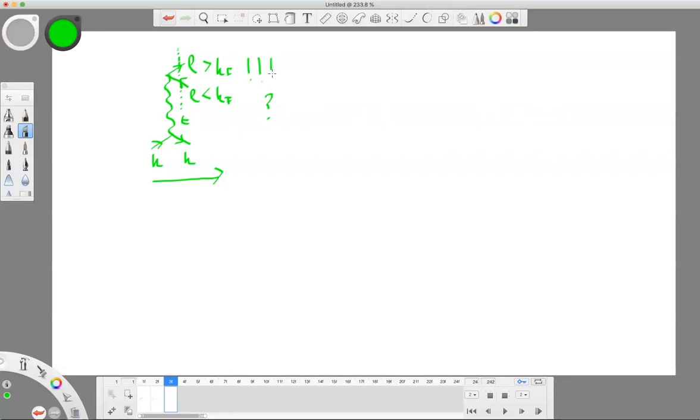Is this possible? It's not possible because L is a single momentum. It's either above or below. It cannot be both above and below. So when this happens, then this is zero again. So if you find that at any point in a diagram you can draw a vertical line that includes a hole and an electron, both above and below the Fermi energy, you know that that's an impossible diagram.